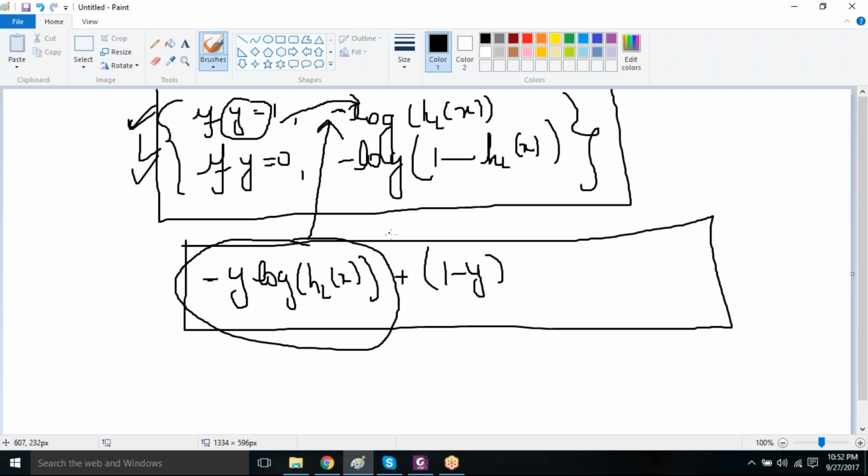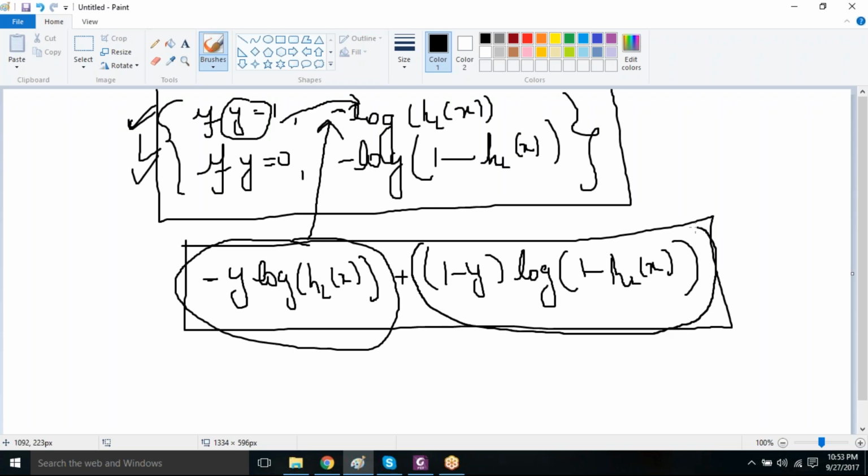So this part I am making for this first criteria. And now this part I am making 1 minus y into log 1 minus this one. So this part I am making for this second criteria.